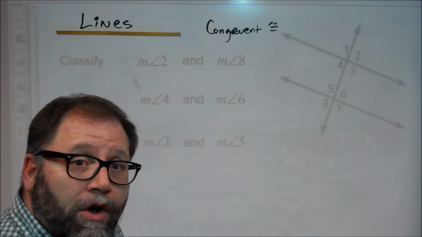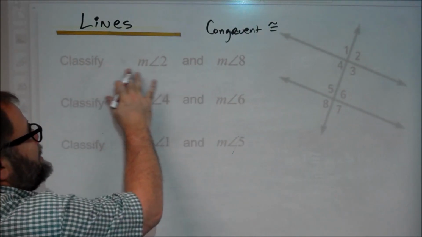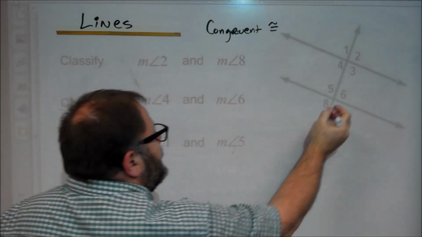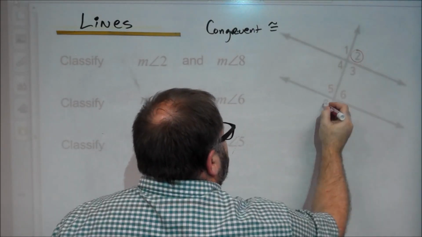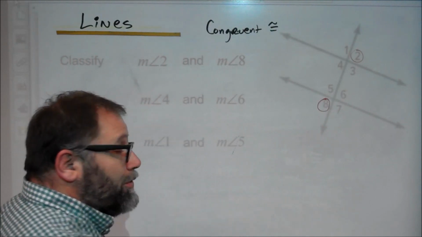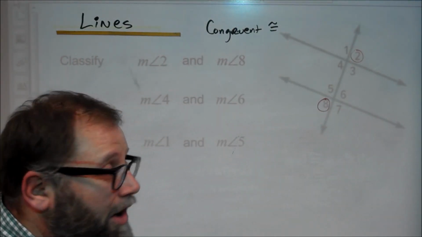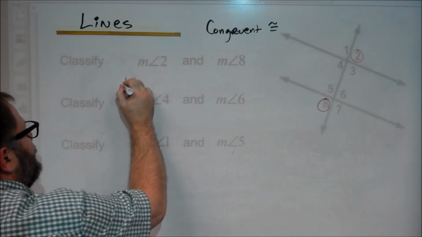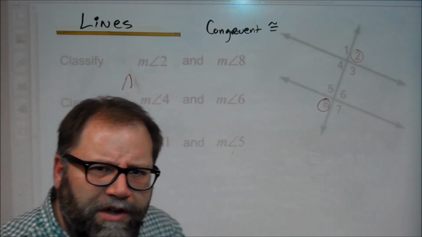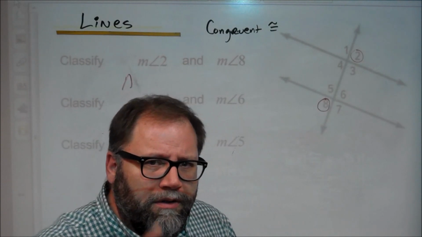Let's look at the first one. We're just classifying today. Classifying the measure of angle 2 and the measure of angle 8. Let's check location. Are they inside or outside of the parallel lines? They are outside, which means we have to check something else, right? They're not just outside.